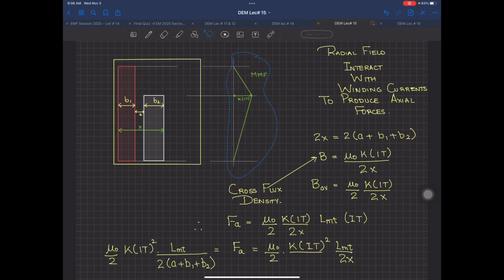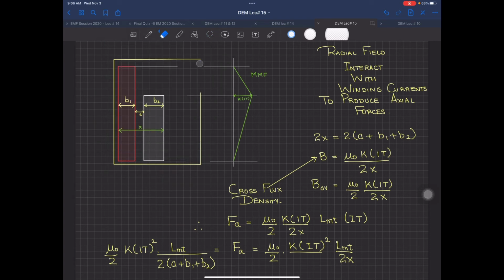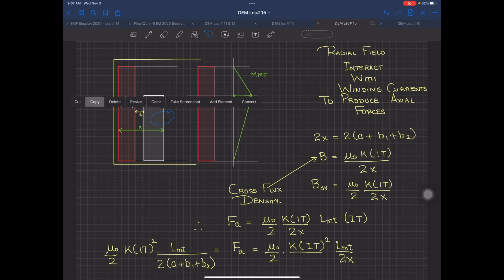So if I have it over here, okay, and I have this one as copy, something like this, and I have this one over here for the other winding. So you have something like this. Okay, so I hope you have got this one.